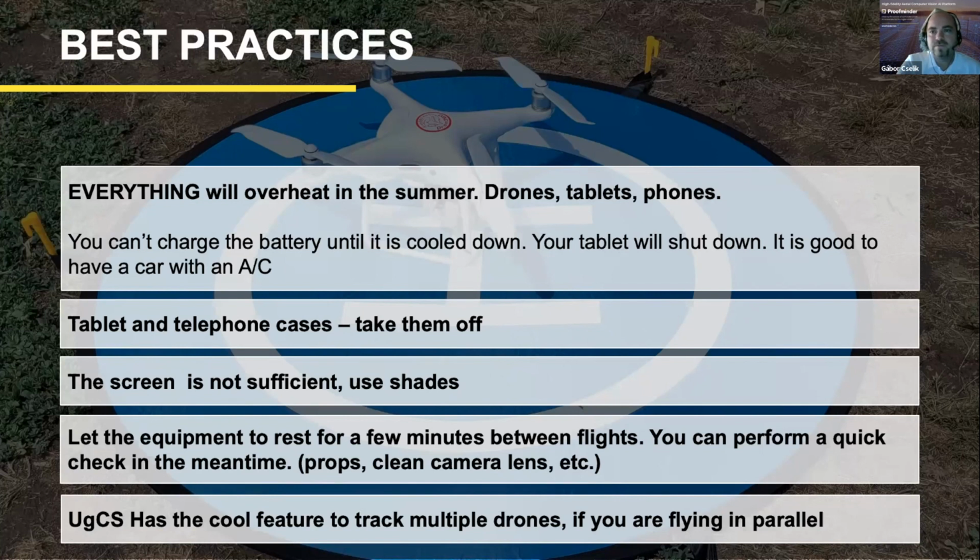And the problem with the drones and the batteries is that the drones can handle the heat quite okay, but the batteries, you cannot charge them until they cool down. So you have to wait a couple of minutes, or even sometimes 15, 20 minutes if it's a hot summer day, because you are not able to start charging before they cool down.